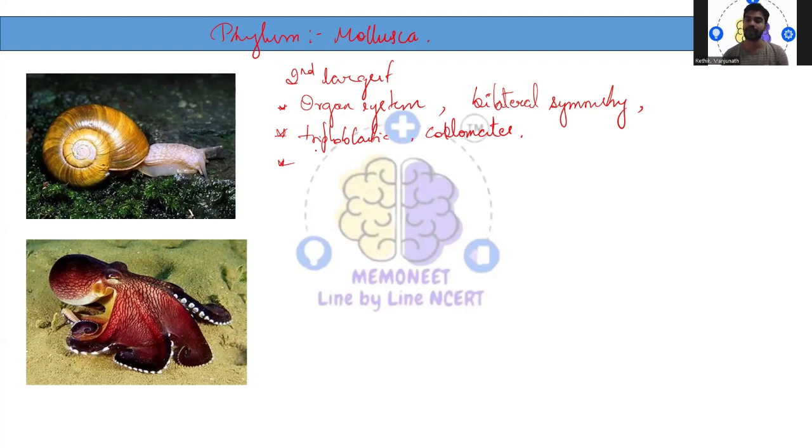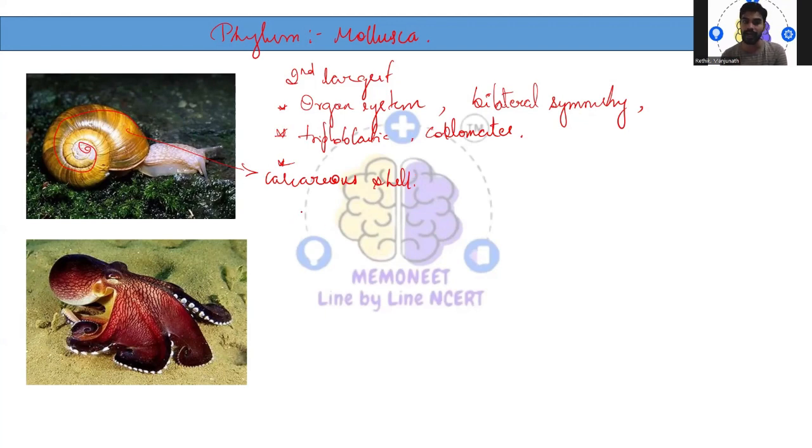The body is covered by a calcareous shell, which is very hard. It acts as a defense or protection against predators.